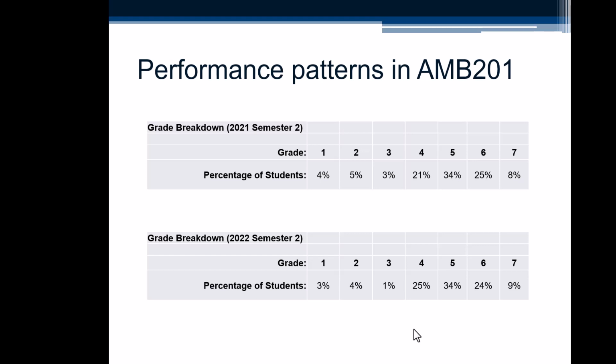Now, that being said, one thing to keep in mind is that at QUT we don't mark to a distribution, or we don't force these distributions in our grading. Instead, in our case, we use criterion referenced assessment rubrics, or CRA rubrics, that specify what type of assignment will get a 7, what things need to be present in an assignment to get a 7, what things a student needs to do in an assignment to get a 6, a 5, a 4, and what represents a fail, and so on.